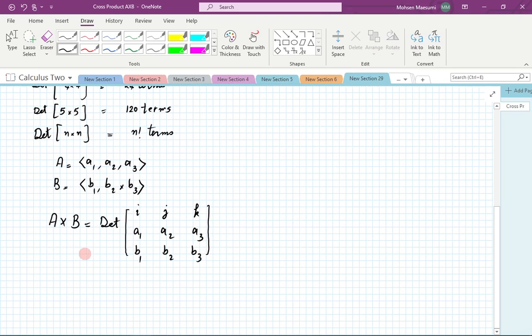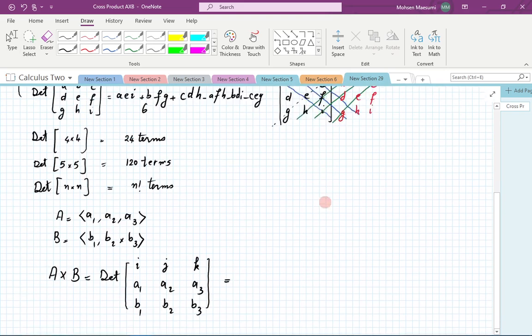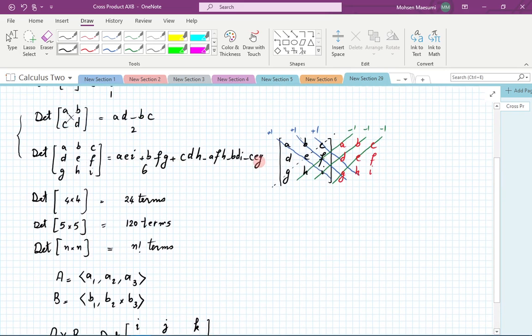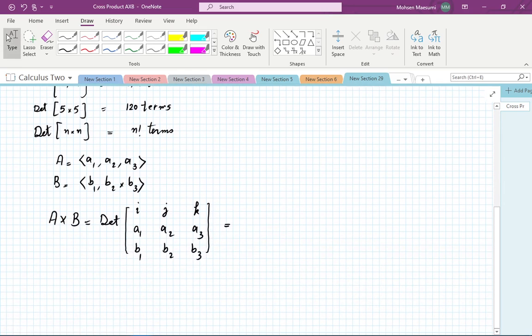So A cross B can be defined as such a structure. Well, one way to simplify these 6 items that we have here is to collect the items that are multiplying vector i, the ones multiplying vector j, and vector k. Remember, in this context, this i, j, k are not numbers, rather they are vectors.